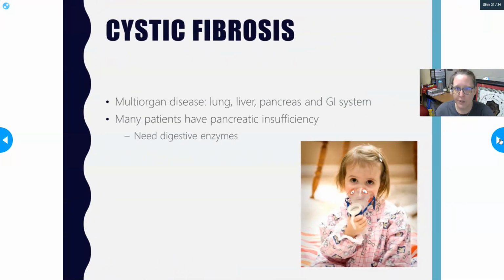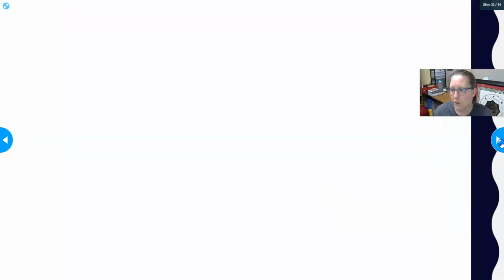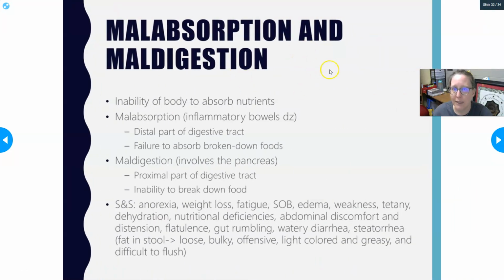And then as we finish up the pancreas, let's just mention cystic fibrosis. It's a multi-organ disease that involves the lung, liver, pancreas, and the GI system. Many patients with cystic fibrosis have pancreatic insufficiency, and so they need to be supplemented with the digestive enzymes to properly break down their food. And we're going to leave it at that. They can suffer from malabsorption and maldigestion.